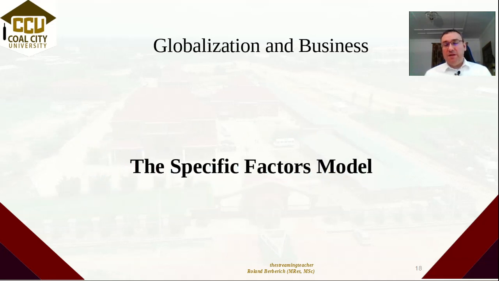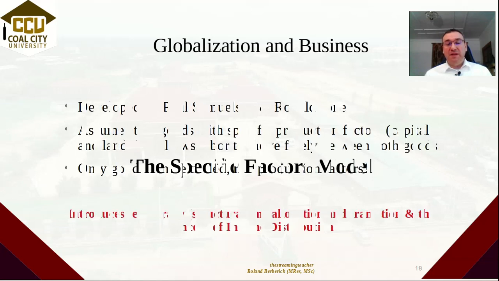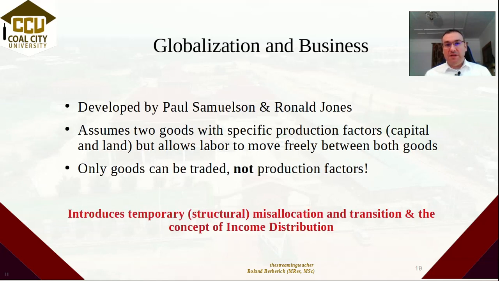Now, there are obviously more models than that, and in the specific factors model that was developed by Paul Samuelson and Ronald Jones, we assume that there are two goods with specific production factors, but we allow labor to move freely between those goods. Now, the goods can be traded, the production factors cannot be traded.